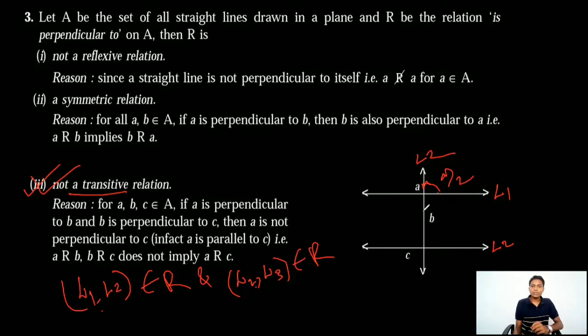Line 2 means the dashed line, and line 3, this line, is perpendicular. Then it is obvious that L1 and L2 are not perpendicular, they are parallel. So this never implies that L1 comma L3 belongs to R.